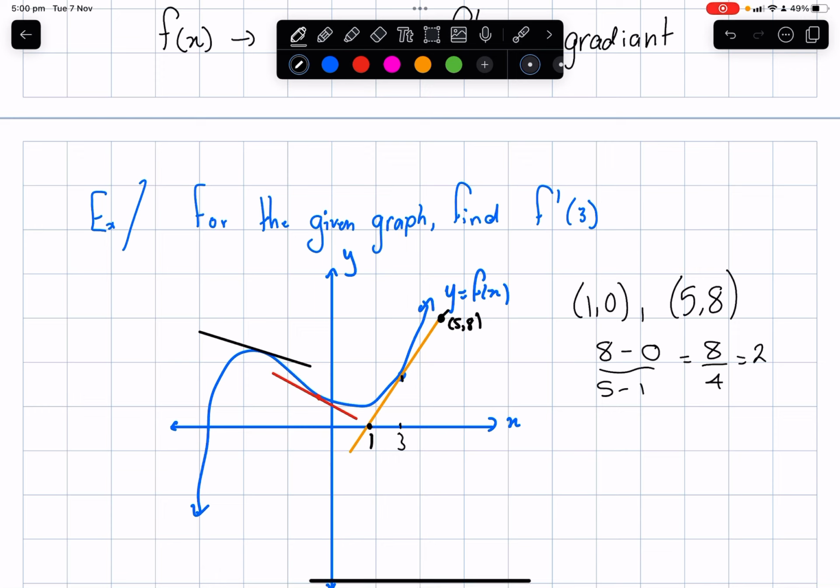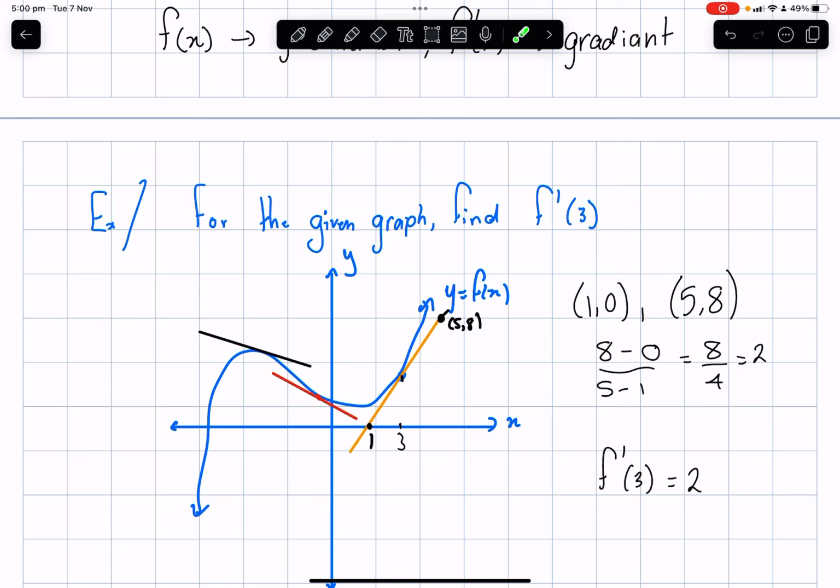So f dash of 3 is equal to 2. Now, I don't want to be sitting there for every single point calculating this gradient and this gradient and this gradient down here or this one here. I want a nice simple way that I can substitute these values in.